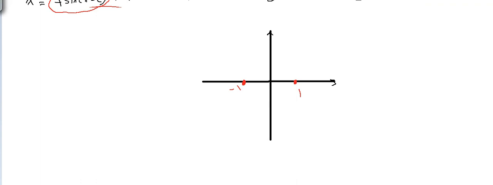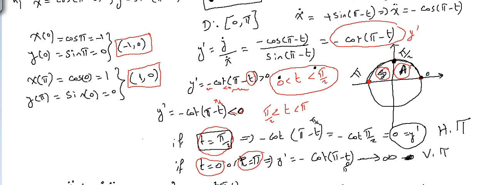If x is 0, where is t? Let's go back. This is minus 1, 0, where t is 0, and 1, 0, where t is pi. So here the t is 0, and here the t is equal to pi.